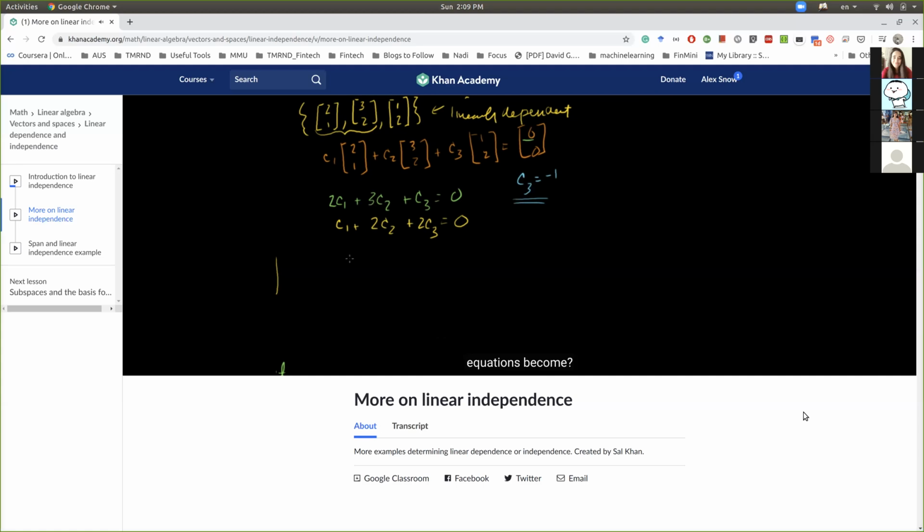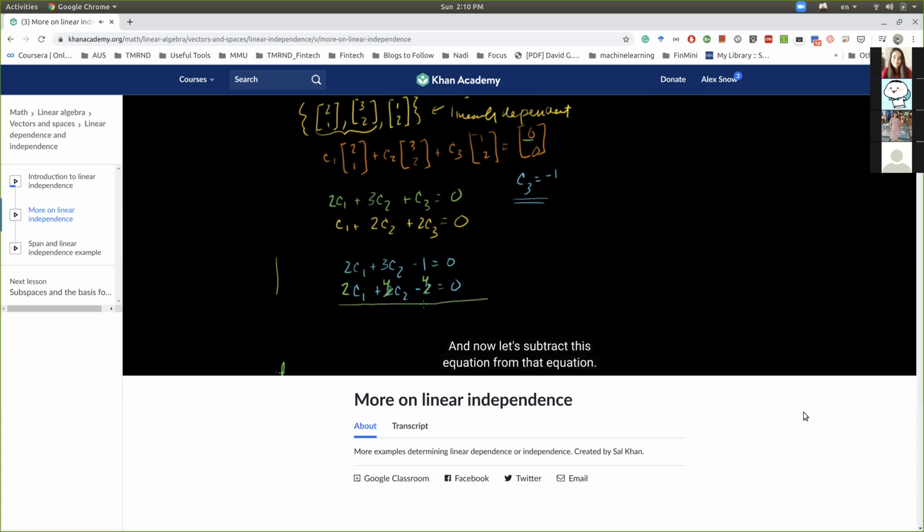You get 2C1 plus 3C2 minus 1 is equal to 0, and you get C1 plus 2C2 minus 2 is equal to 0, right? 2 times minus 1. And then what can I do here? If I multiply this second equation by 2, what do I get? I get 2C1 plus 4C2 minus 4 is equal to 0.